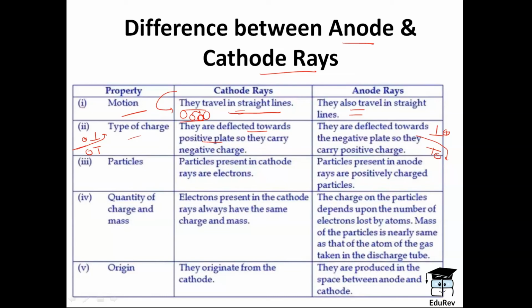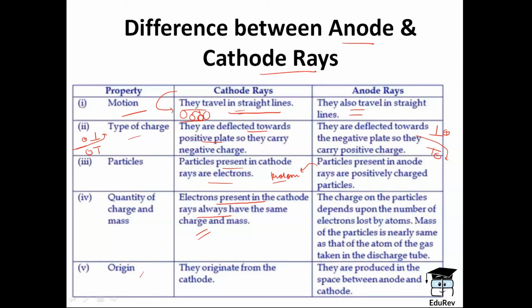So, particles present in cathode rays were called electrons. And particles present in anode rays were positively charged particles. Later, the name protons was given to them. It was also noted that electrons present in the cathode rays had the same charge and mass. It wasn't the case in anode rays.